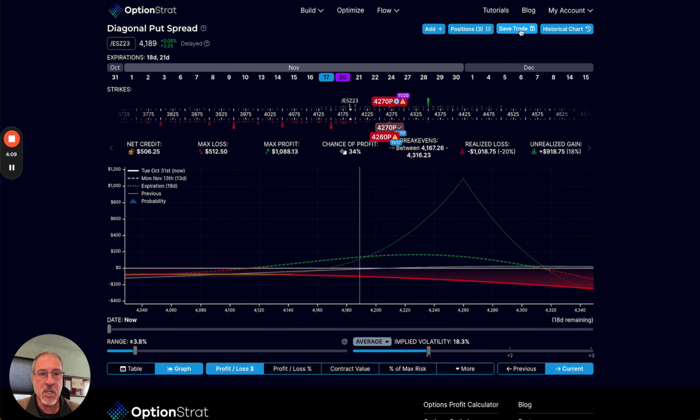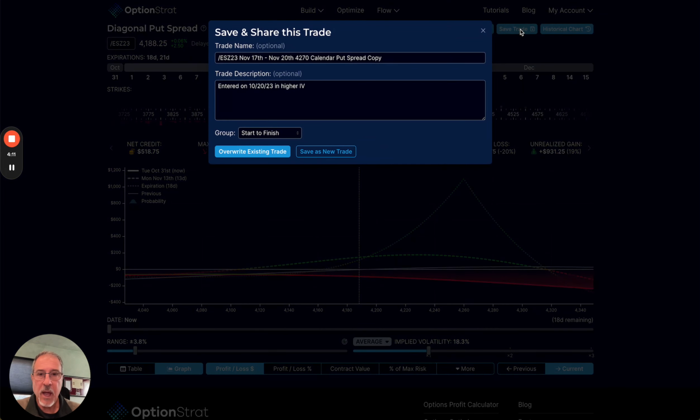So let me just save this trade. What I'm going to do here is put adjustment 1. We entered this trade on 10/20, so that was about 10 days ago.